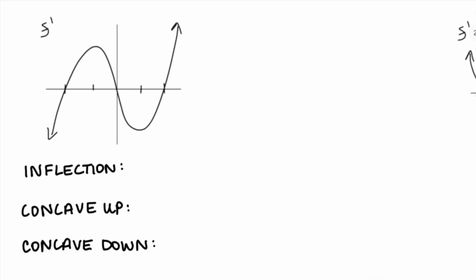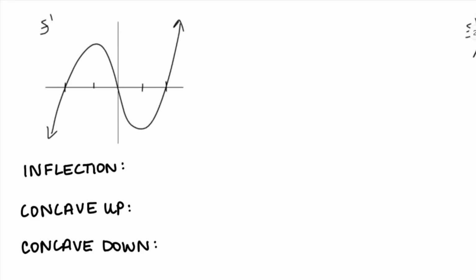So the inflections of f are going to be at the extrema of f prime. So that's going to be here at x equals -1 and x equals 1. And my reason would be f prime has local extrema.